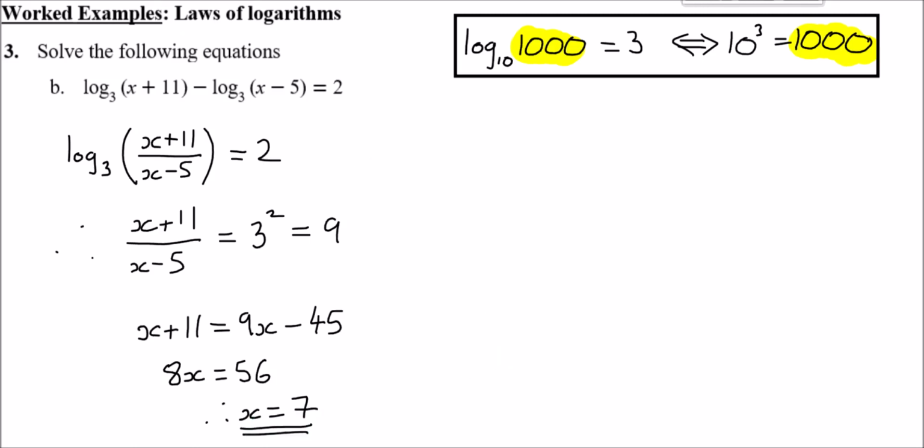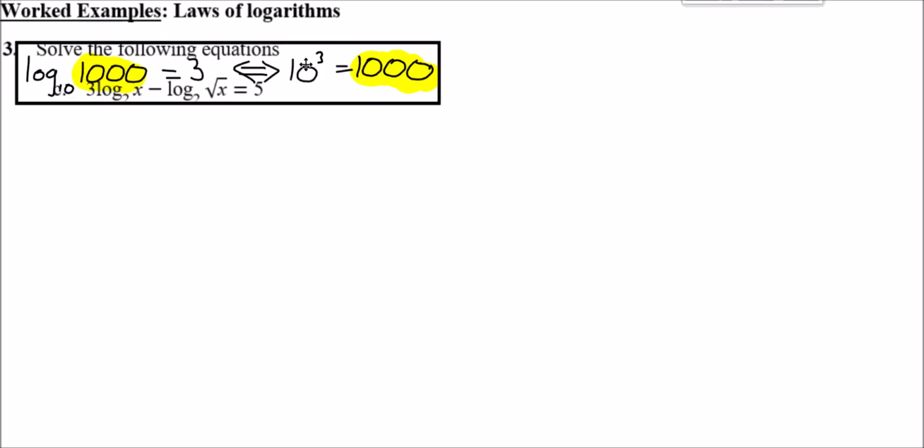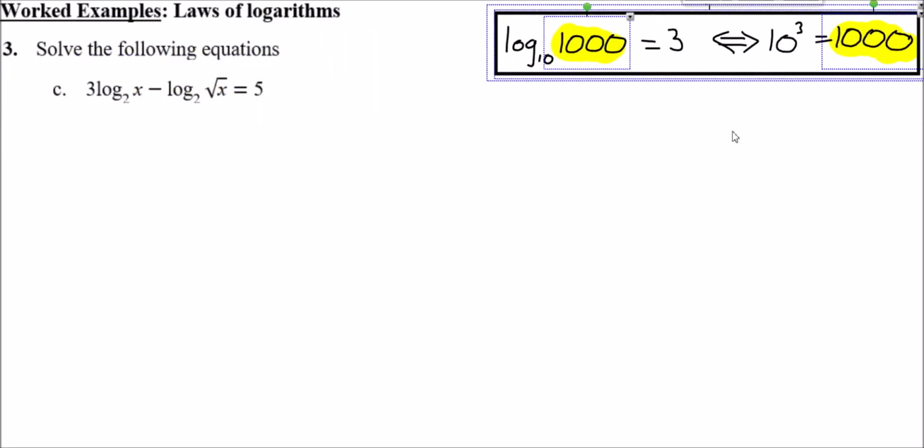And the final one of question 3, it's part C. Again, I'm going to use this link from before. So let's get this into one single log first. So log base 2, 3 log base 2 of x, we can rewrite as log base 2 of x cubed minus log base 2 square root of x, which I'm going to write as x to the power half.